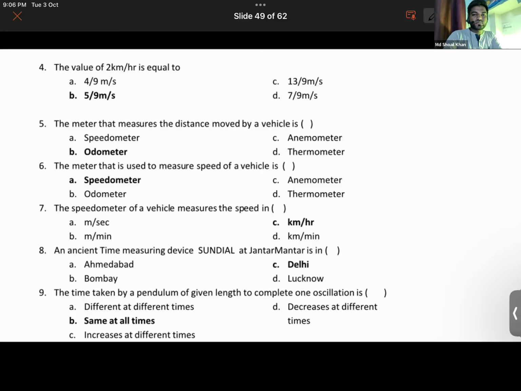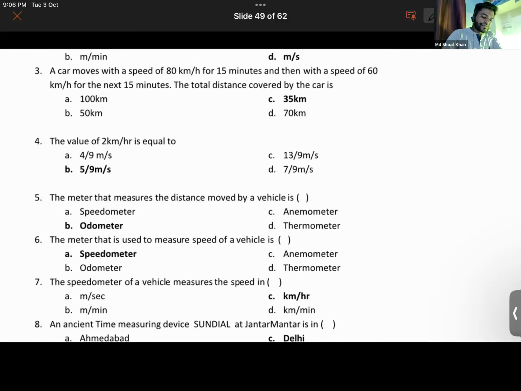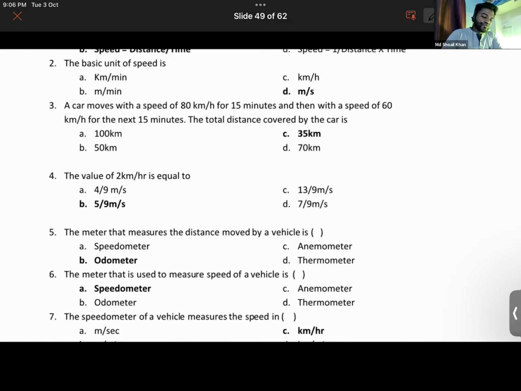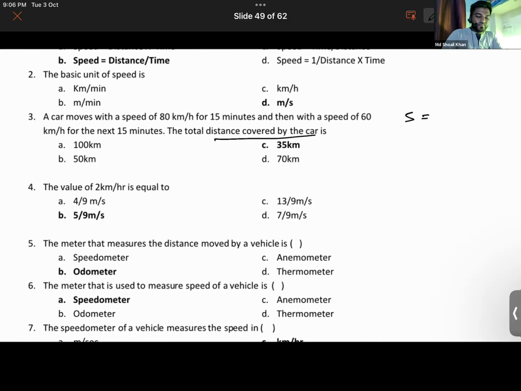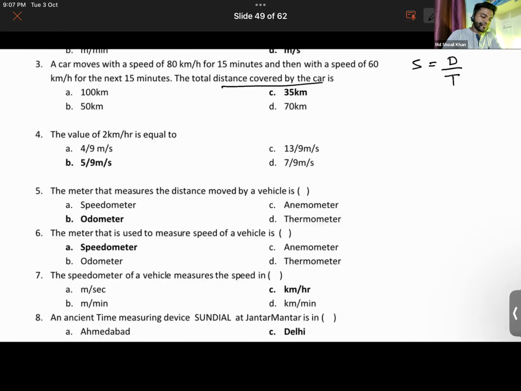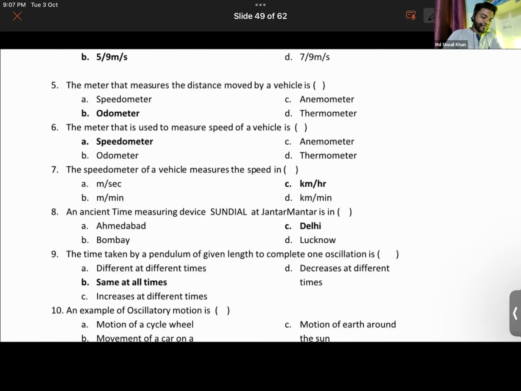Look here, question number 3 is that you need to find the total distance covered by the car. Sir, speed. I was a little bit close. Okay, if you're a little bit close, then keep solving it. When you're done, let me know.